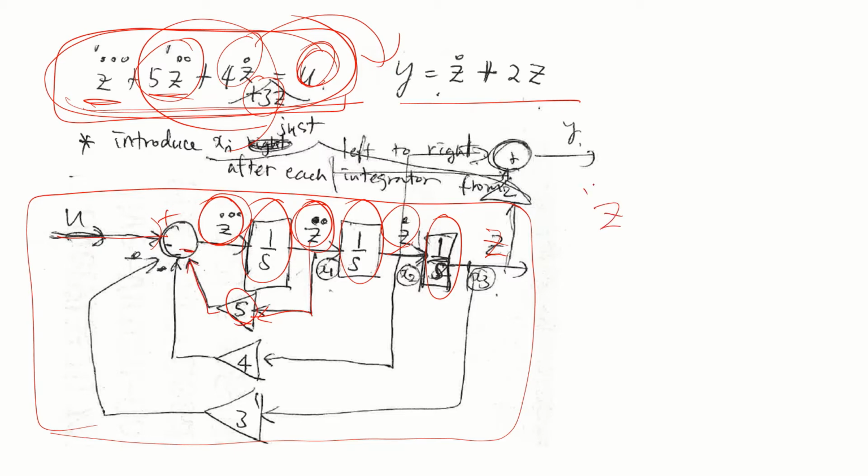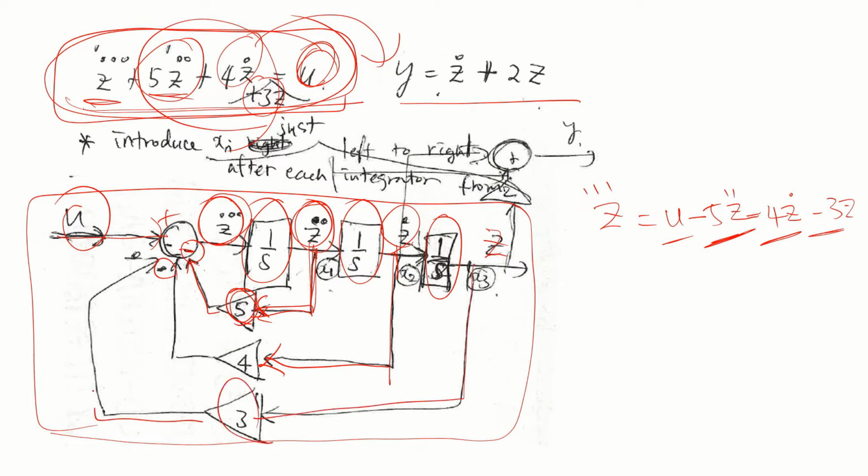So it's u minus 5 z double dot minus 4 z dot, and z dot comes here, and 4 with a negative sign, minus 3 z here, and 3 with a negative sign. Okay, so that takes care of the first equation.